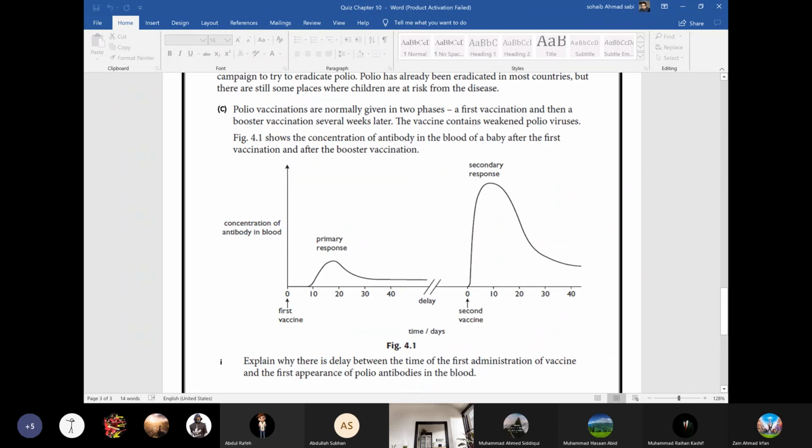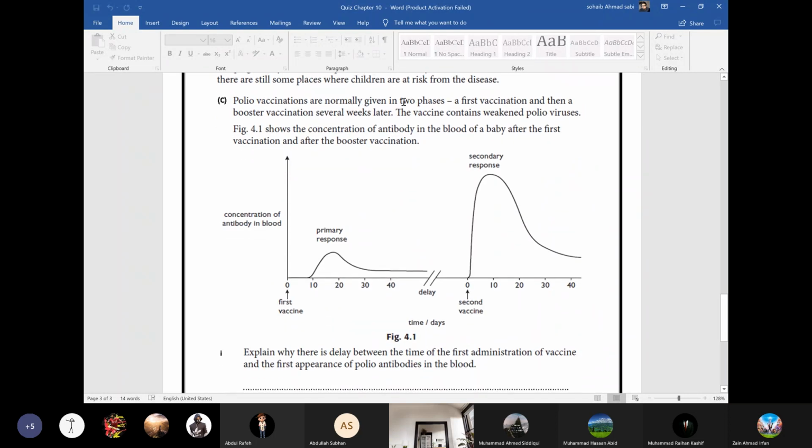Polio vaccinations are normally given in two phases, a first vaccination and then a booster vaccination several weeks later. Now, what is a booster vaccination? Let me give you an example. Nowadays the corona vaccine campaign is going on. What do they say, that every person has to take 2 doses?